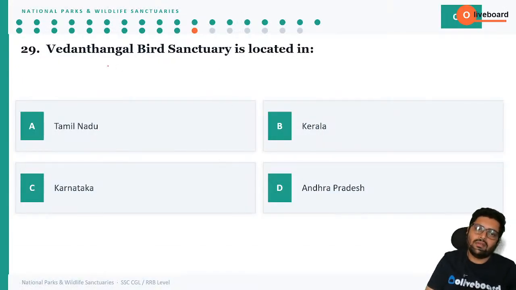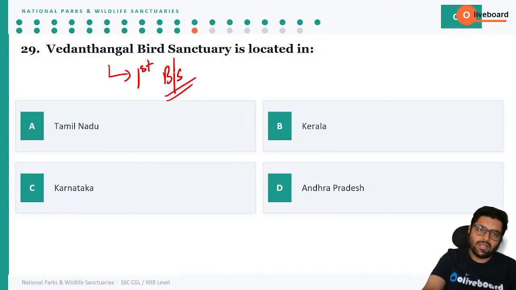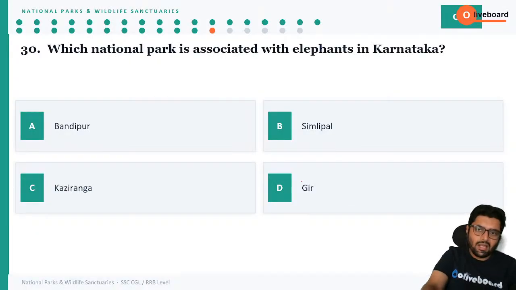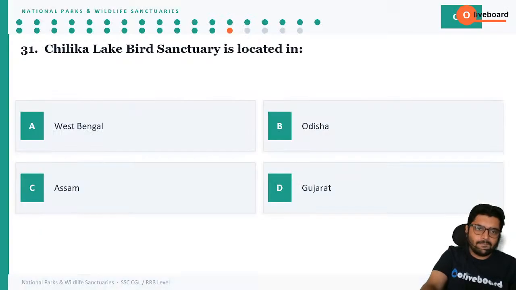Vedanthangal Bird Sanctuary. Just now we saw it is the first bird sanctuary, right? So Vedanthangal Bird Sanctuary is located where? Tamil Nadu. We just now saw this, correct? Then we have Chilika Lake Bird Sanctuary.